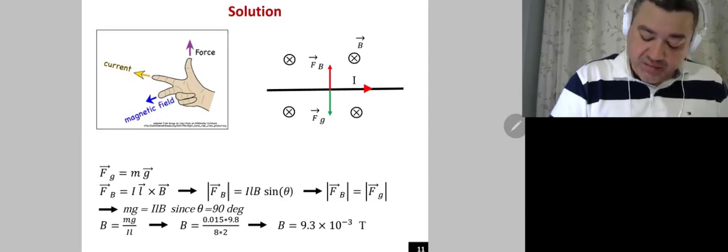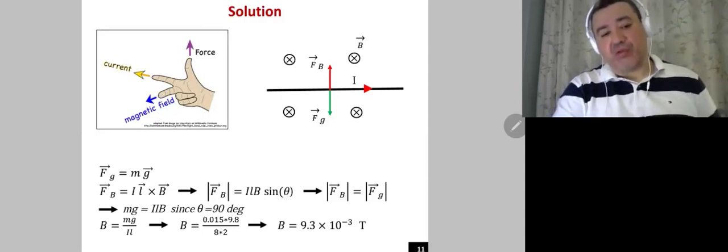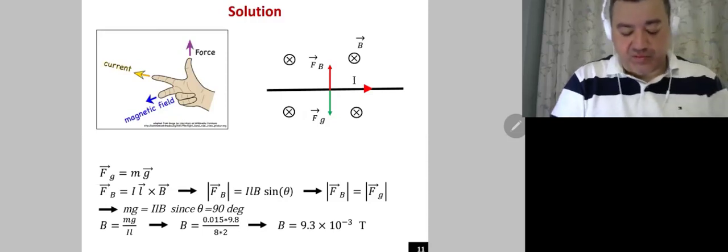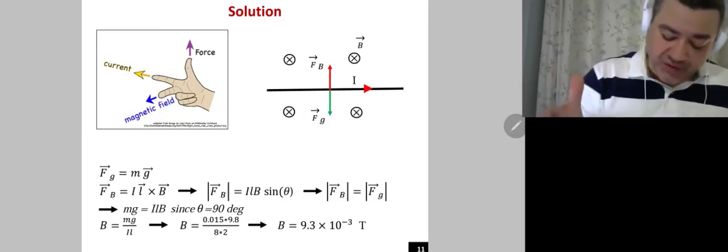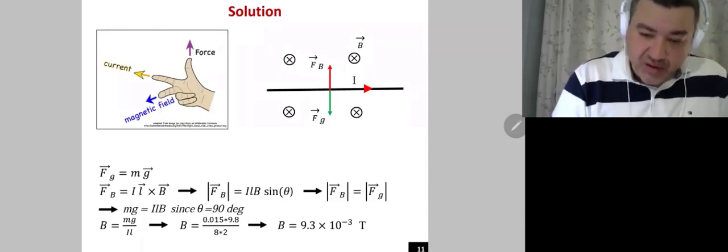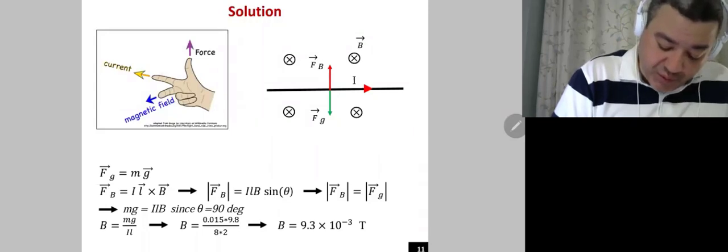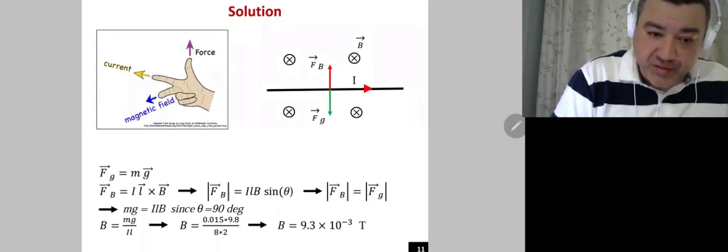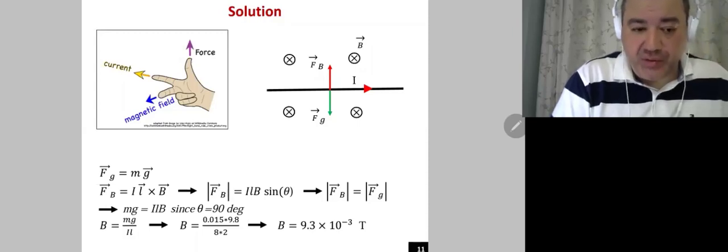As we've seen earlier, using the right hand rule with all the fingers and the thumb, if you point this finger toward the current and this finger toward the magnetic field, the thumb would be pointing toward the force.